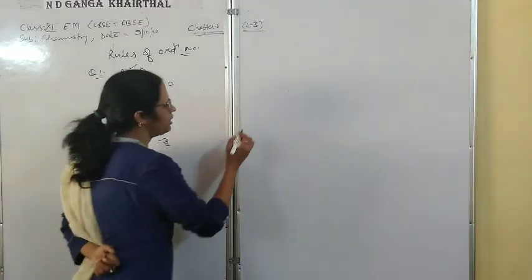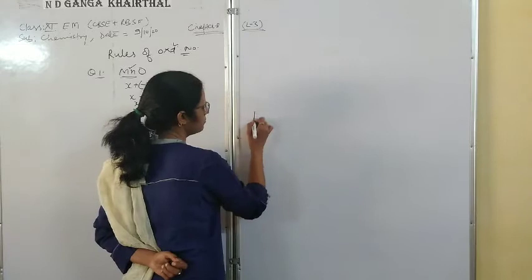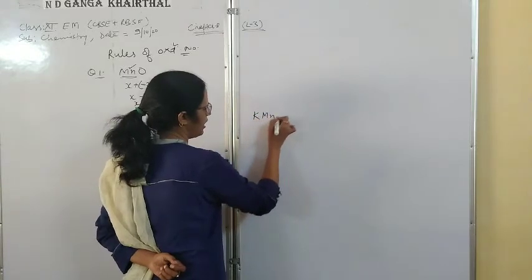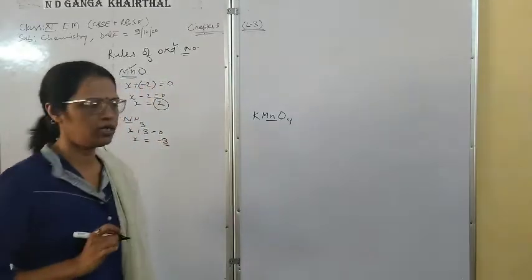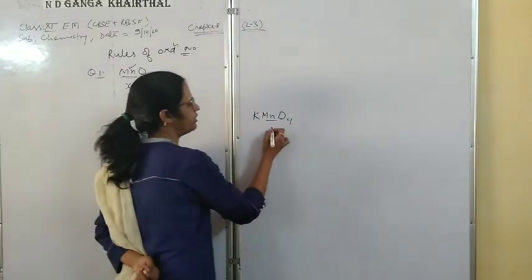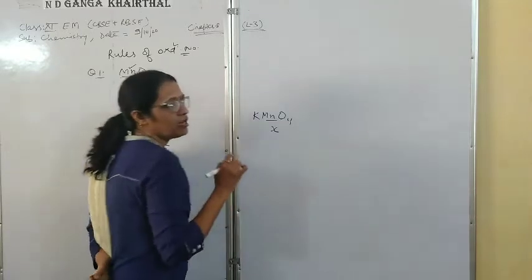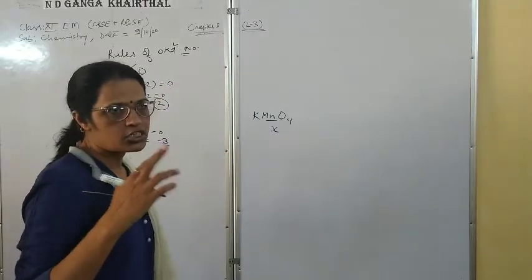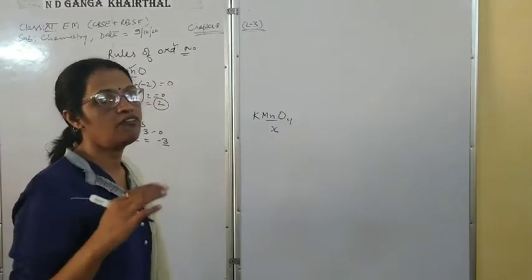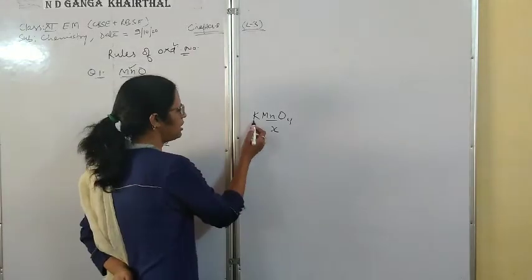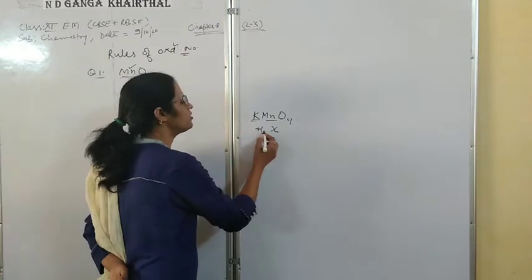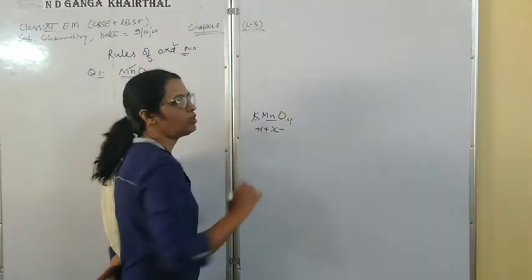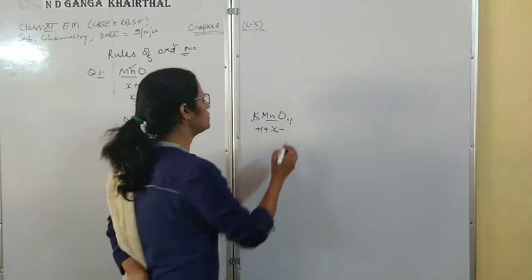For example, if we have KMnO4 and we have to find the oxidation number of Mn, then it will be X. The element whose oxidation number we have to find, we suppose it to be X. Potassium is in the first group, so its oxidation number will be +1 plus X, and we know oxygen's oxidation number is -2.